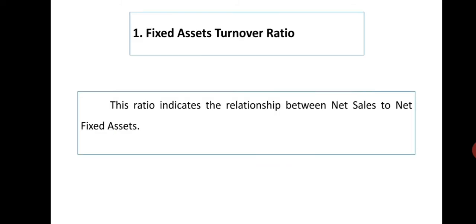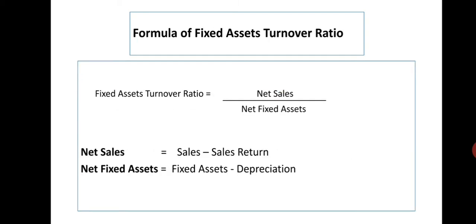Fixed assets turnover ratio, as the name indicates, what does this ratio show? This ratio indicates the relationship between net sales to net fixed assets. So what is the formula? Fixed assets turnover ratio is equal to net sales divided by net fixed assets.